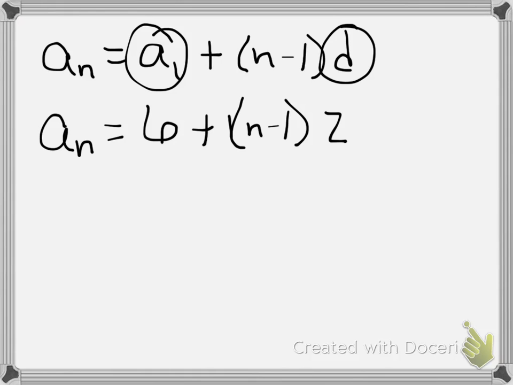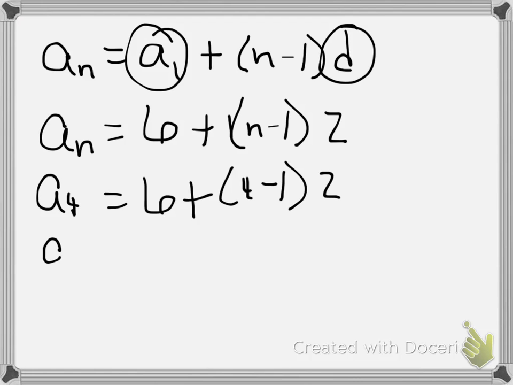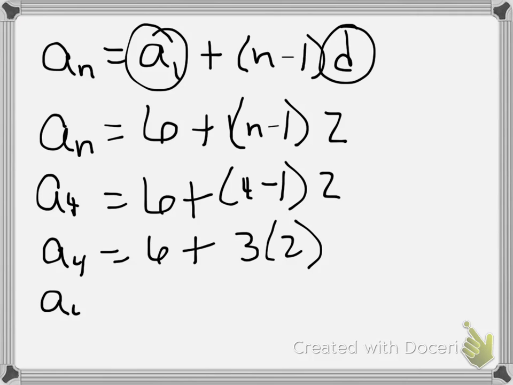We're just going to plug in 4 for the n and solve. So we get a sub 4 here would be 6 plus 4 minus 1 times 2. And we'd have 6 plus 3 times 2, and then 6 plus 6, our fourth term, would be 12.